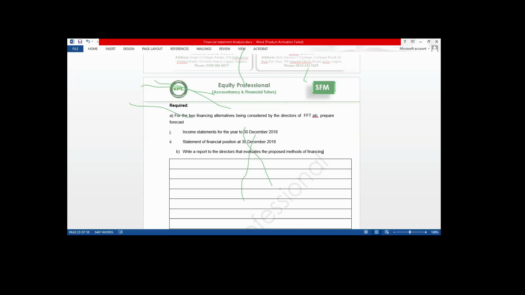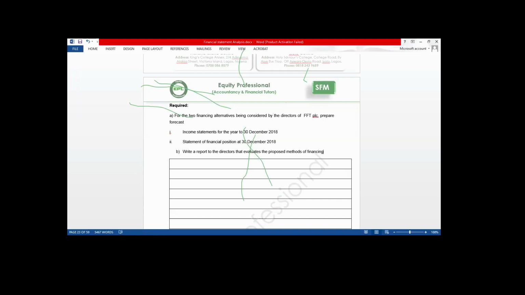When you are done, you also prepare an income statement for 2018 if the expansion is financed by new debt. When you are done, you now move to A2.